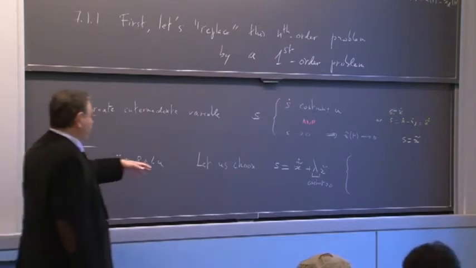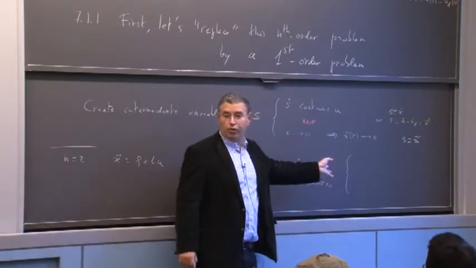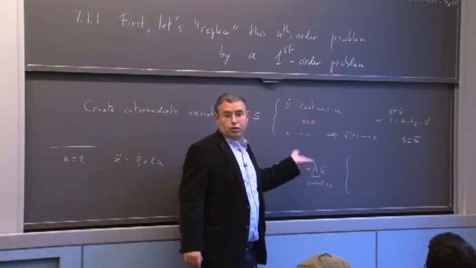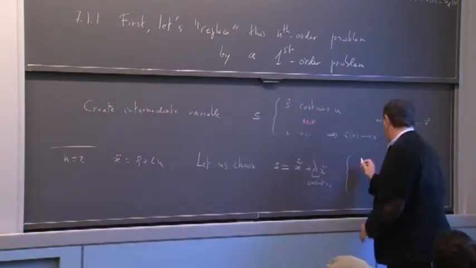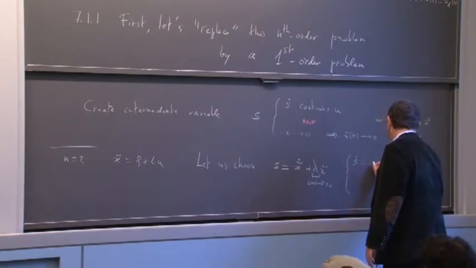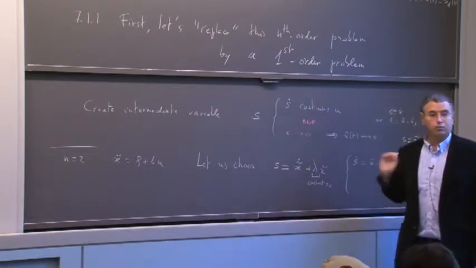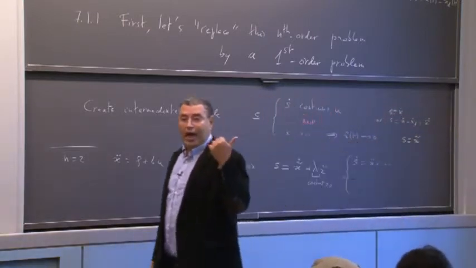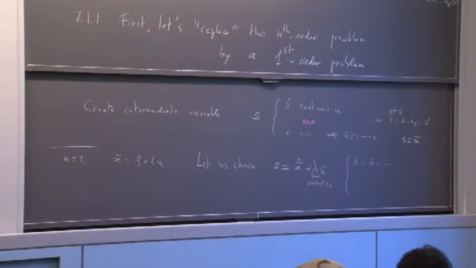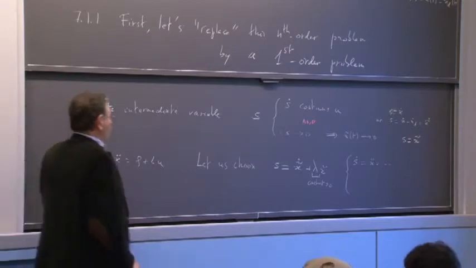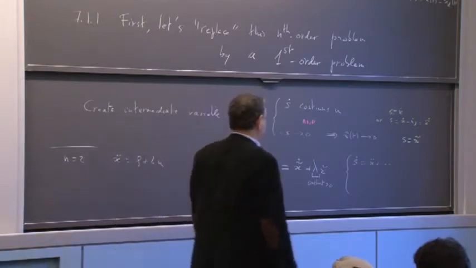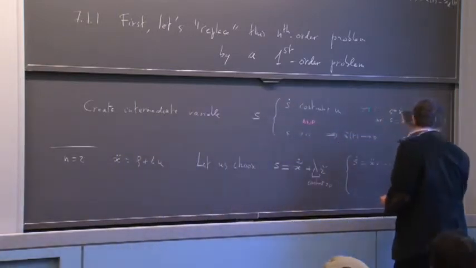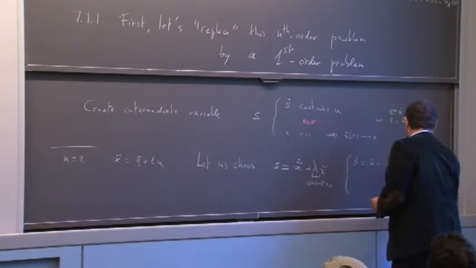Well, the first condition is obviously verified, right? Because we have x tilde dot plus something, right? And so x tilde dot contains x dot, and therefore if we differentiate it once, s dot is equal to x double dot plus a bunch of things. Right? S contains x dot, so s dot contains x double dot, right? And nothing else, of course, cancels it later. So it verifies the first condition, that S dot contains u. There's a B floating around, right?